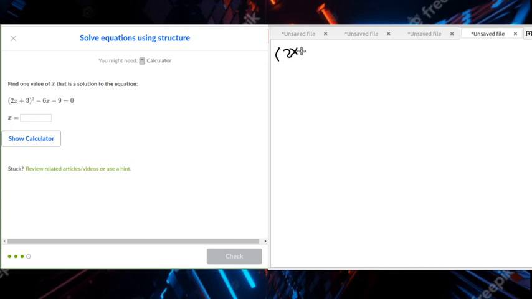We've got 2x plus 3 squared minus 6x minus 9 equals 0. Now, can we see this 2x plus 3 somewhere? I can. It's right here. Three times 2 is 6. 3 times 3 is 9.